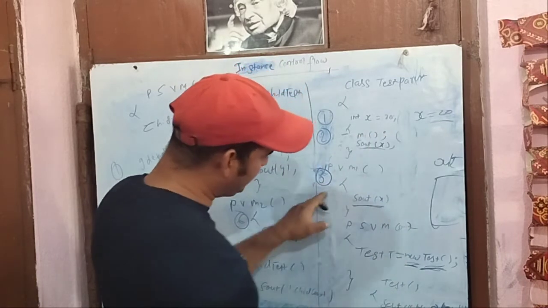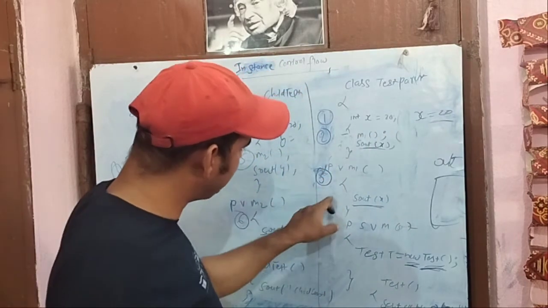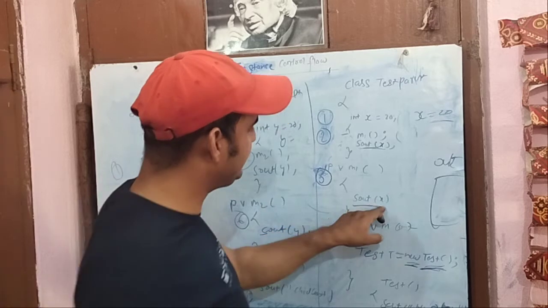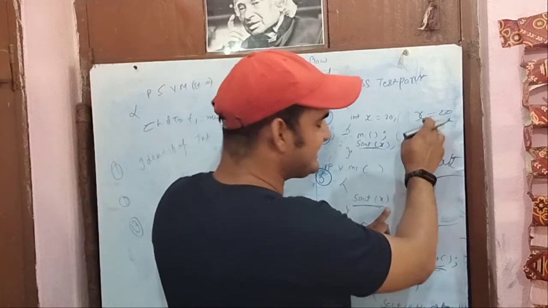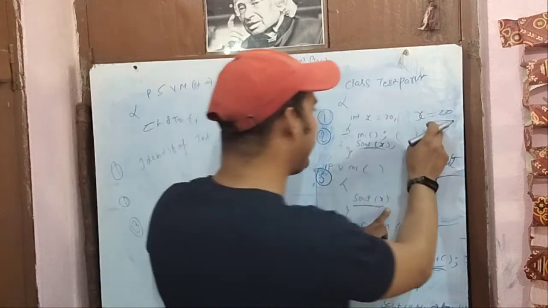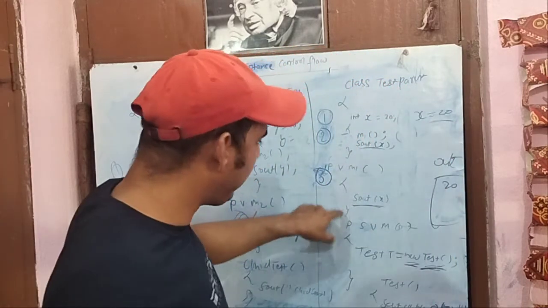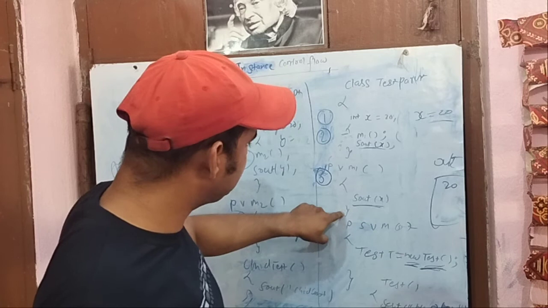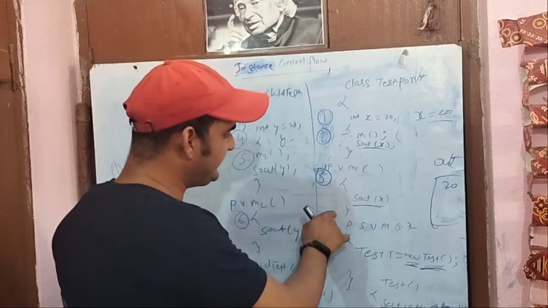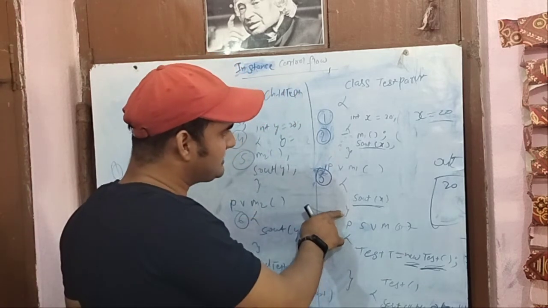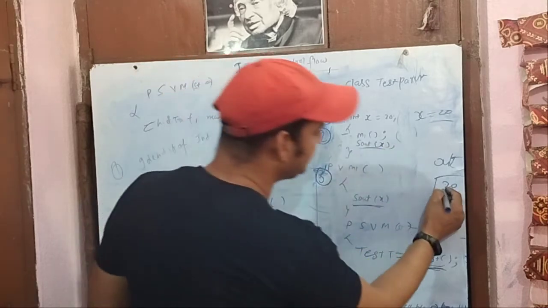Control goes to this m1 method, and inside this we have printed System.out x, and since x is initialized earlier, no compile-time error will happen, and it will print the value 20. Then after the closing curly braces, control goes back again to System.out, and it will simply print 20 here.